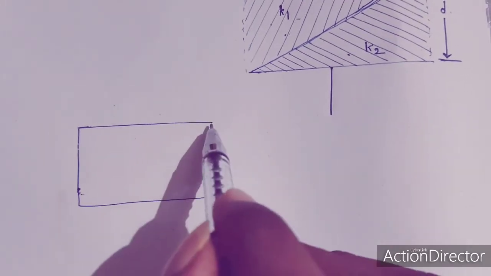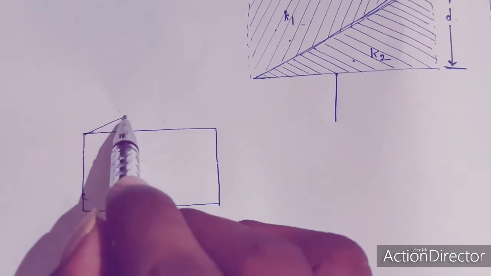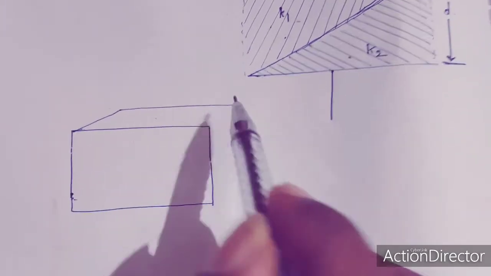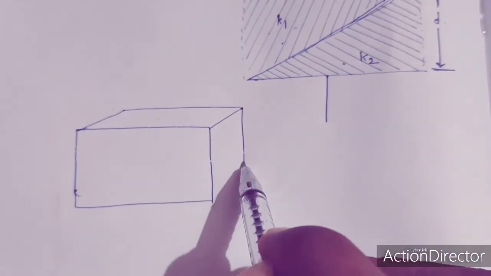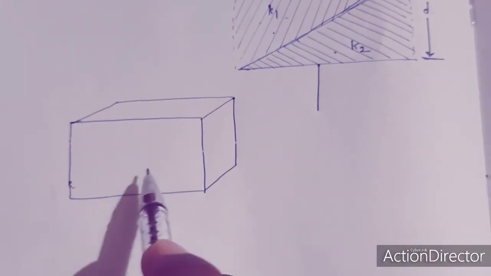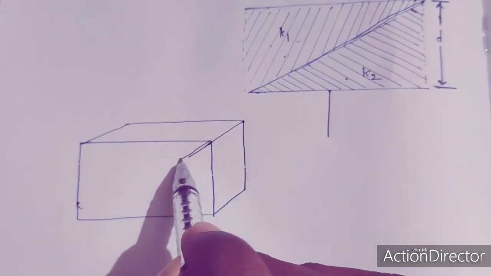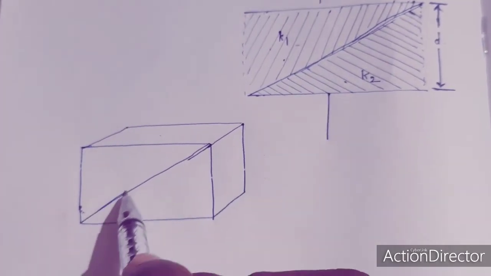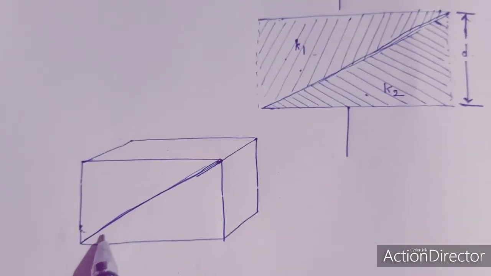Here the shape of the dielectric medium is a cuboid. Now just identify the diagonal. We have to draw from one corner to another corner, one vertex to another vertex.